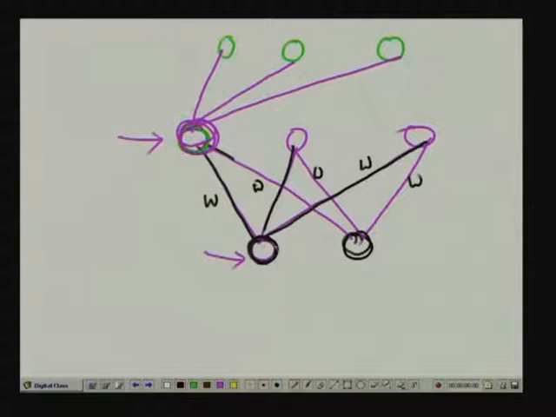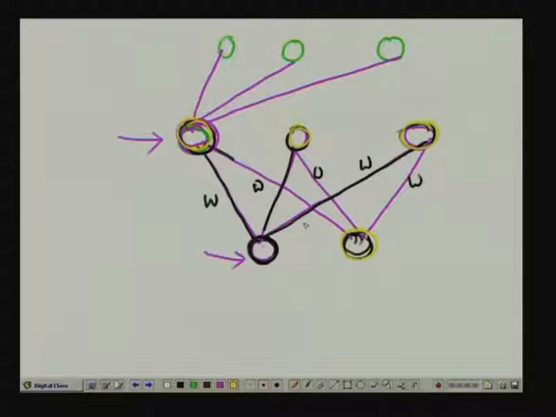But if there is some error here, you try to allocate that error back to the hidden units from which it receives the input. Similarly, if you have an error at this output unit, you allocate this error to the units from which it receives input.